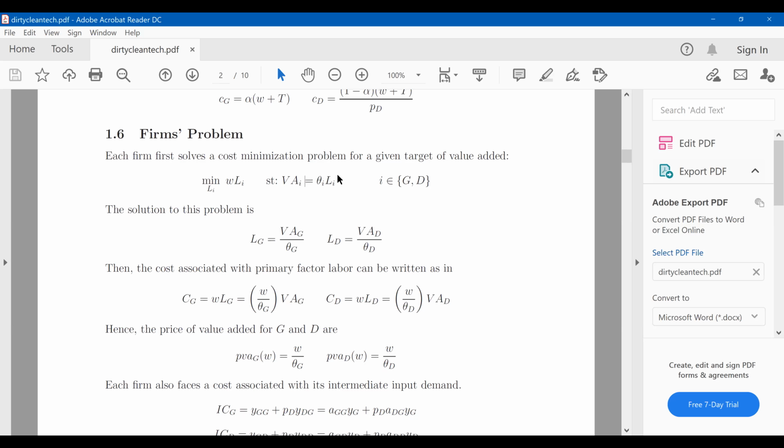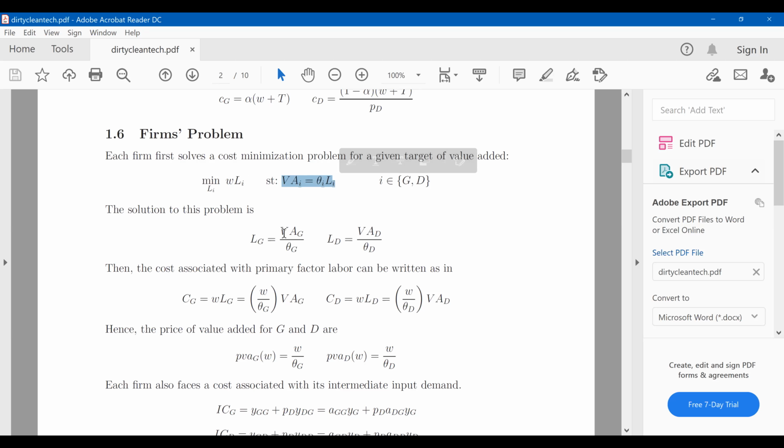So in this problem you see here, which is in the same form for both firms, value added is a given target. So the firm wants to determine how much labor it needs to produce a particular value added, okay? And of course, the solution has to respect this constraint, right?